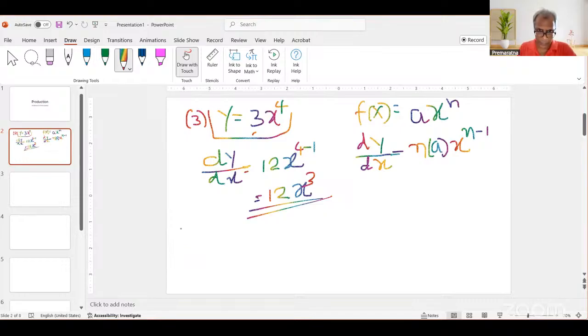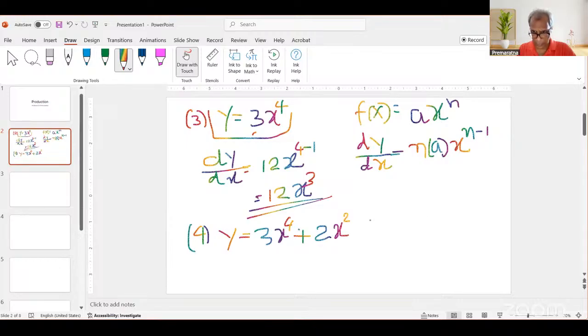We must also know how to differentiate sums or differences of equations, for example 3x to the power 4 plus, or even minus, 2x to the power 2. The logic is the same, only here a summation comes in.